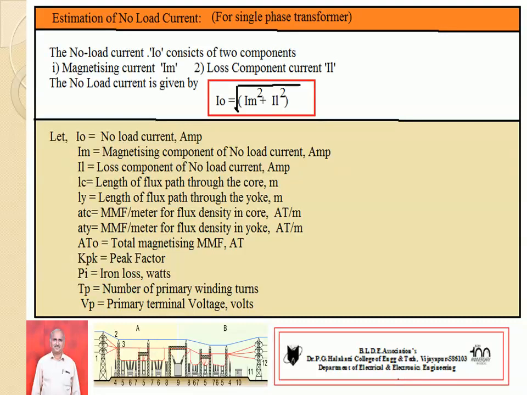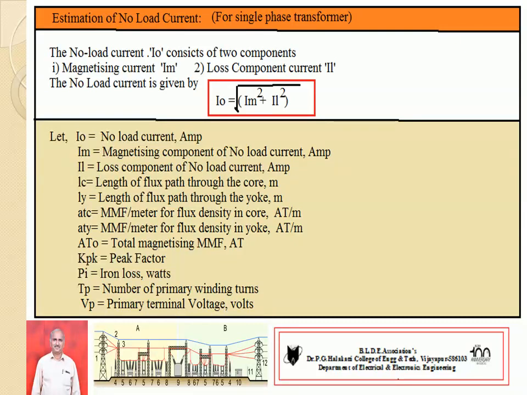Before that, consider the following important considerations. I naught be the no load current, Im be the magnetizing current, IL be the loss component of no load current, Lc the length of flux path through the core in meters, Ly the length of flux path through the yoke in meters, aty the mmf per meter.